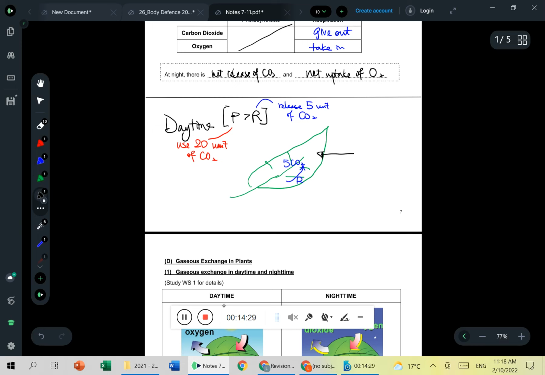Why? Because together with the 5 CO2 from respiration and 15 CO2 from the air, now the plant would get the 20 CO2 they need for photosynthesis.